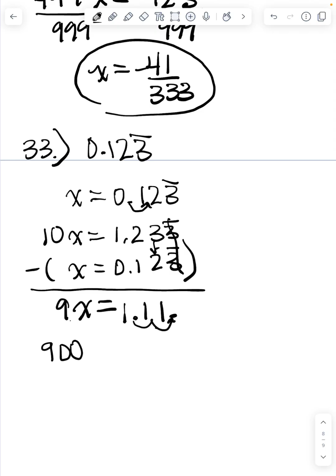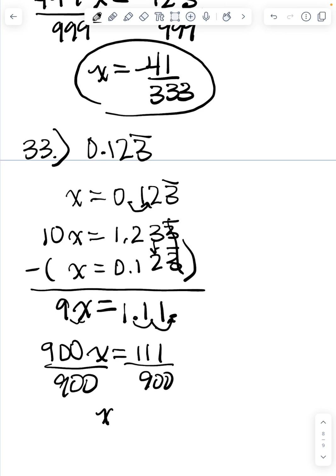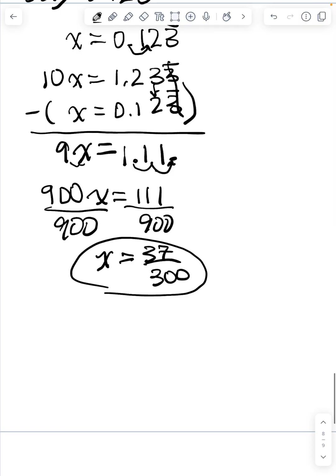That would make it a 900 because I moved that decimal twice. Divide by 900. x equals, and if we reduce, 37 over 300. Both divided by 3.